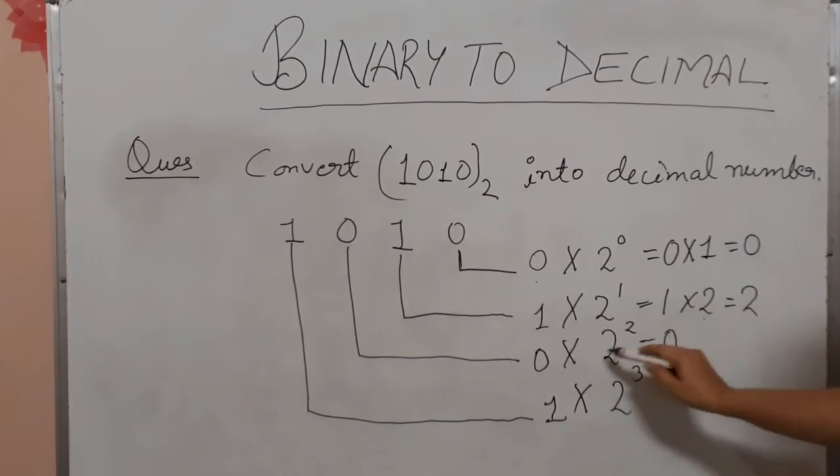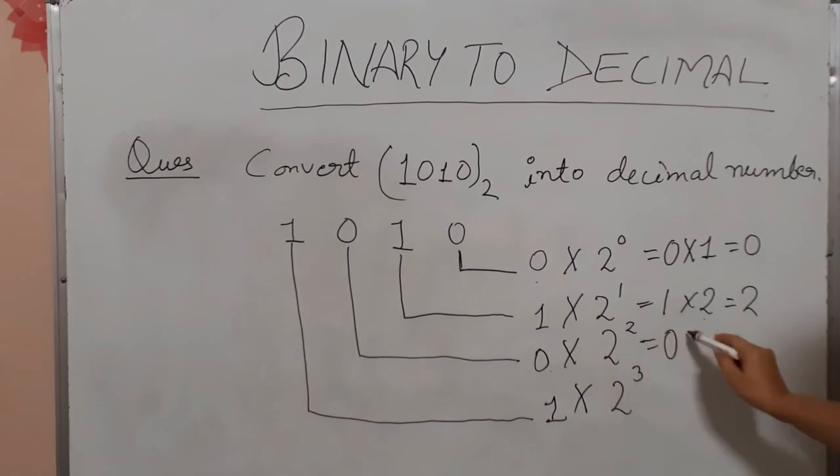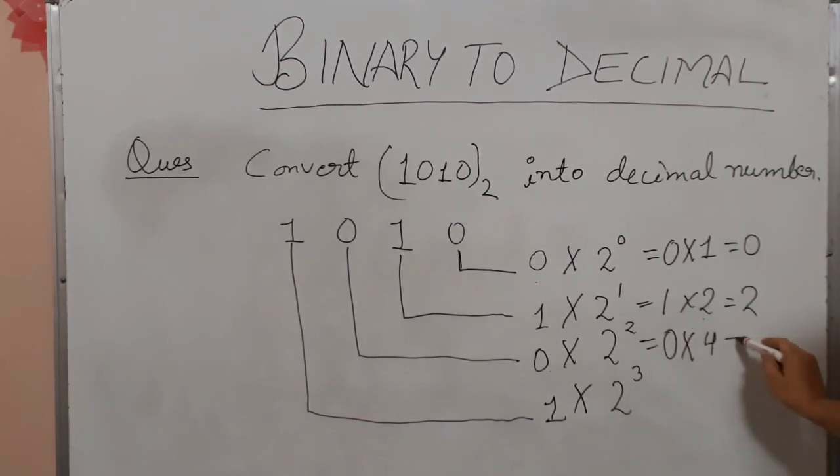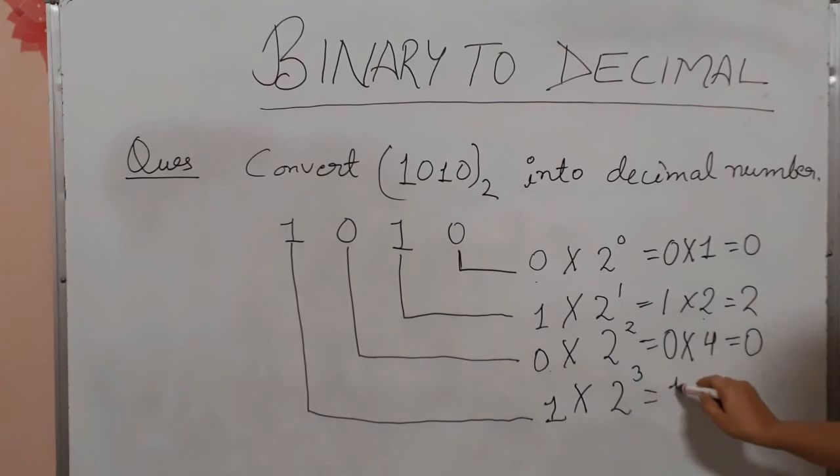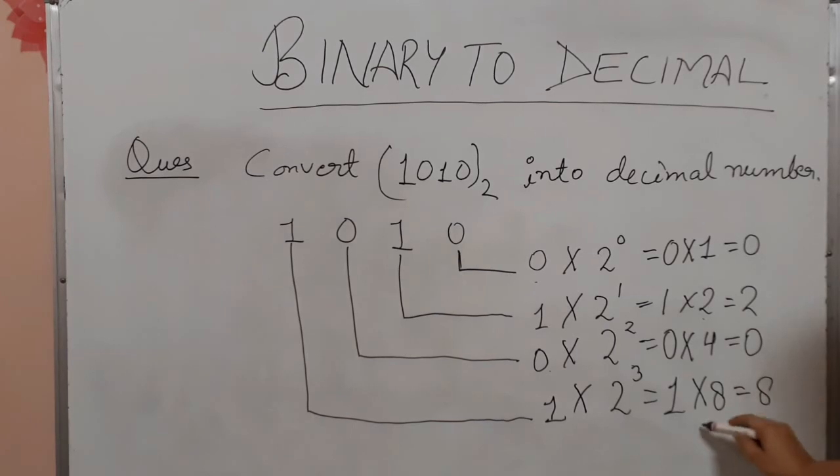Now 0, this 0 I am taking. 2 to the power 2 means 4. If we multiply any number with 0, the answer will be 0. 1 multiplied by 2 to the power 3 is equal to 8, so instead of this value I will write here 8. 8 into 1 is 8.